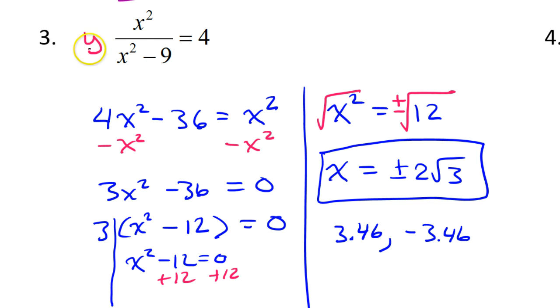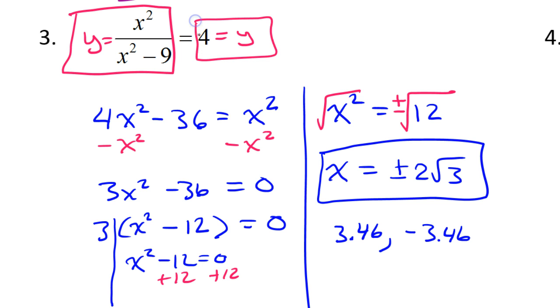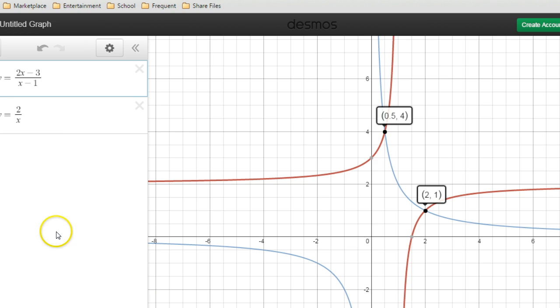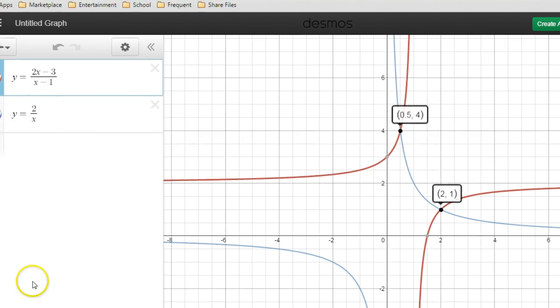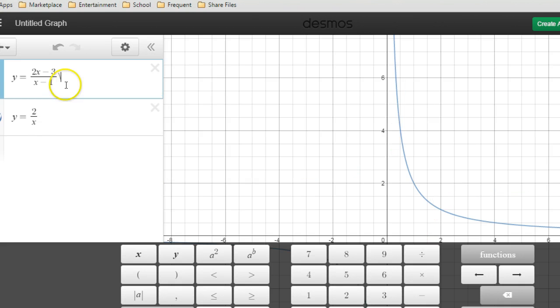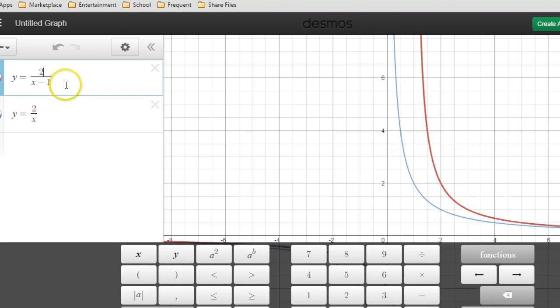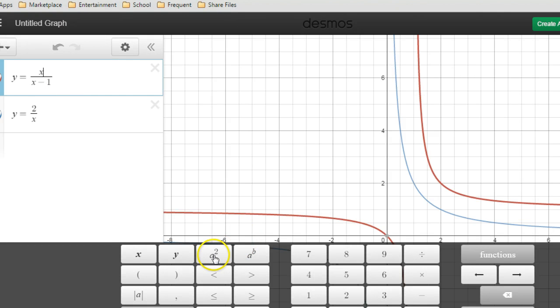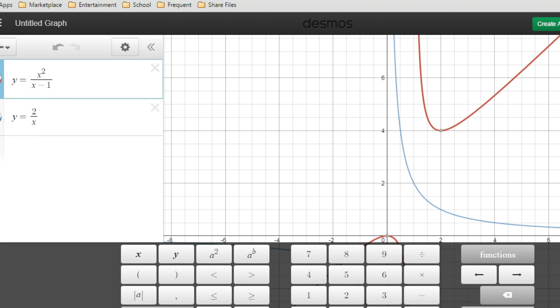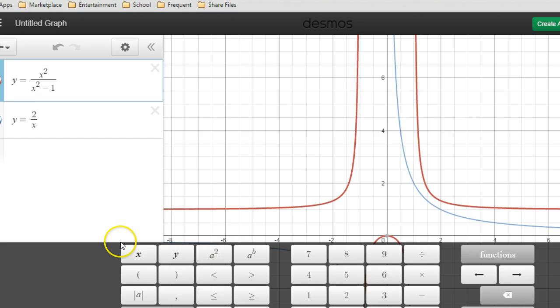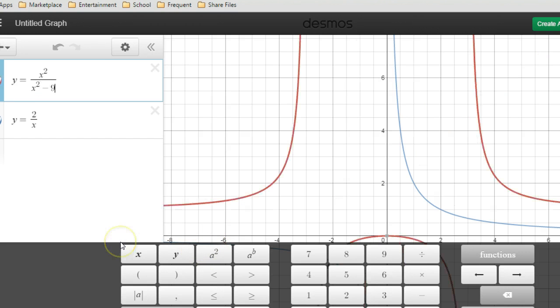So again, I'm going to make one equation out of this side, and I'm going to make another equation out of this side. So let's see, x squared over x squared minus 9.